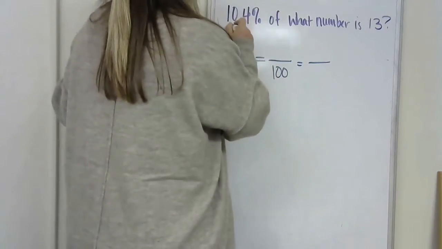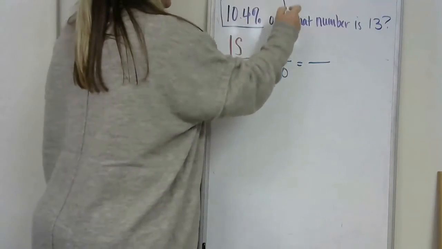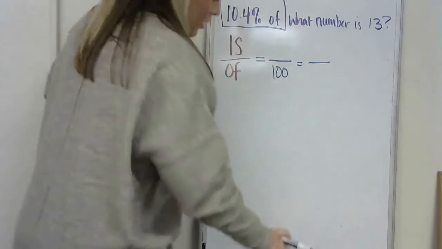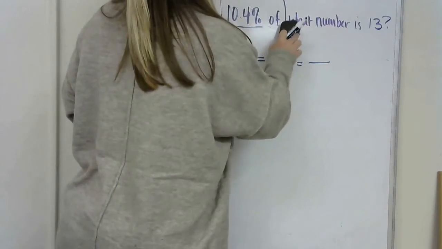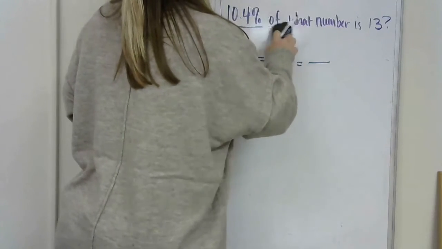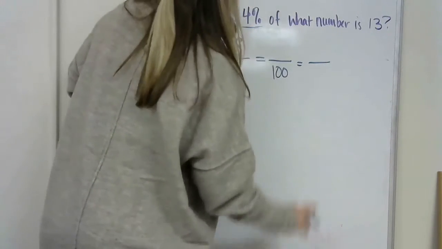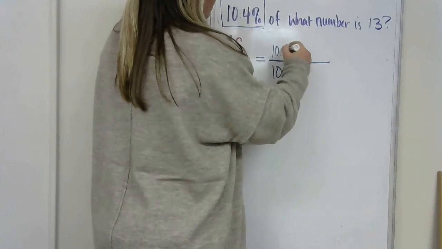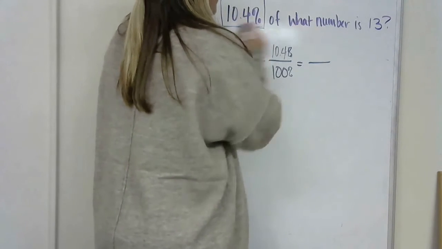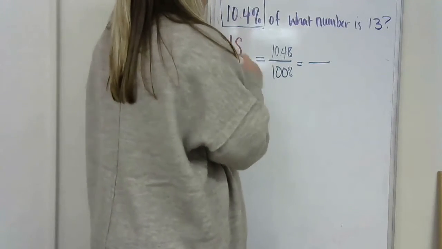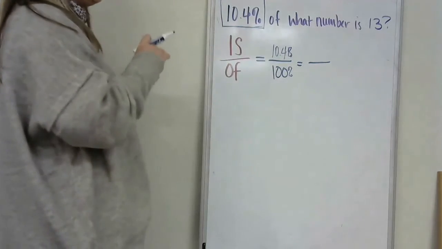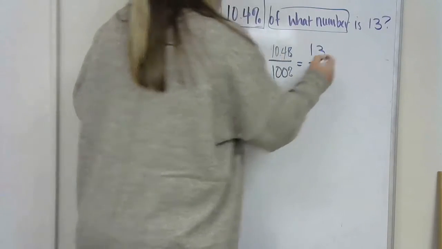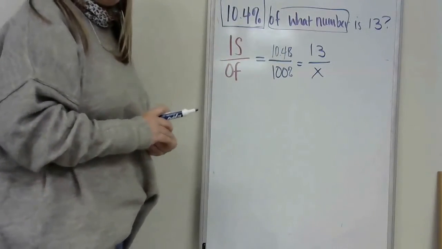Now this percent right here is 10.4% of. Well, hold on. This is a little different. My percents, my likes have to stay together. This is 100%. So this has to be 10.4% of what number is 13? The of what number goes on the bottom, is 13, right?